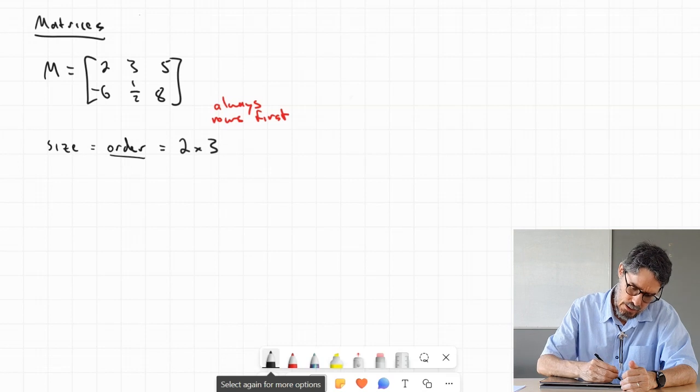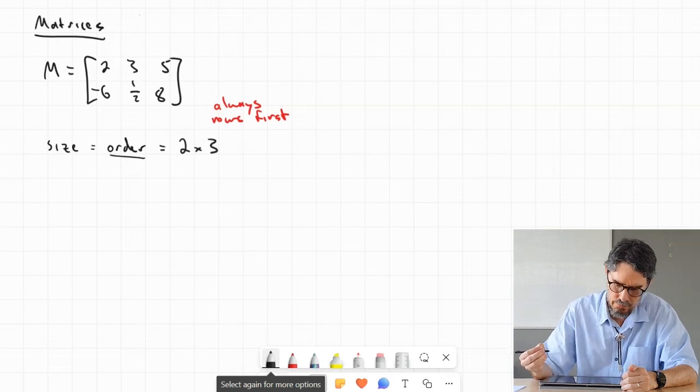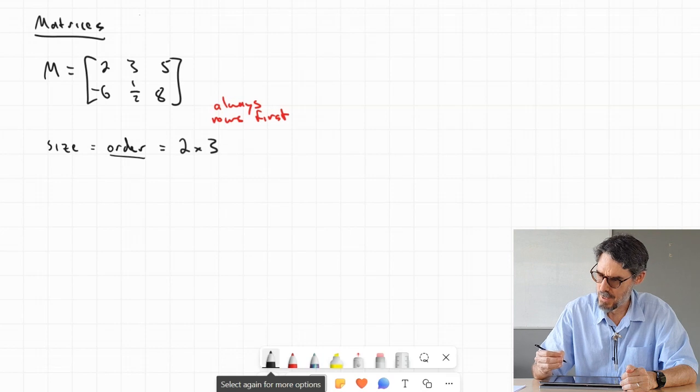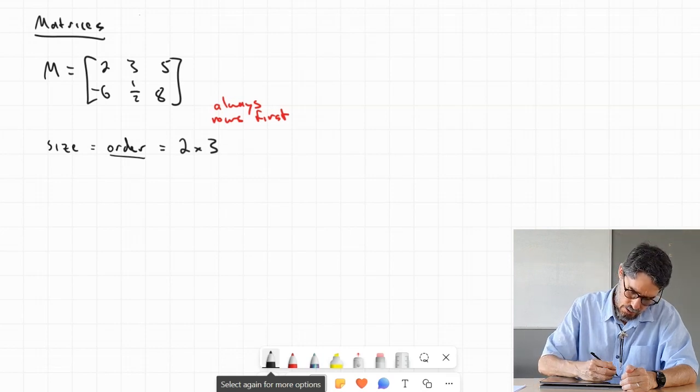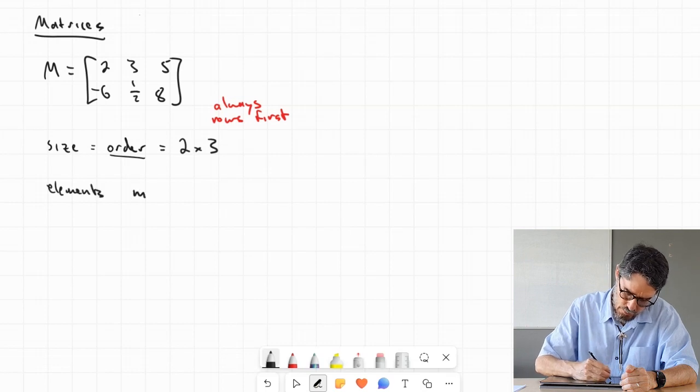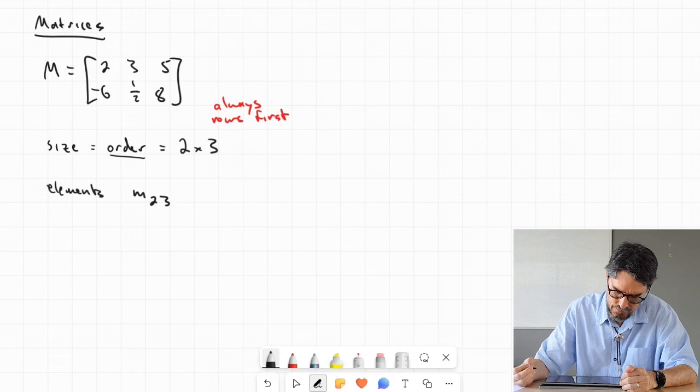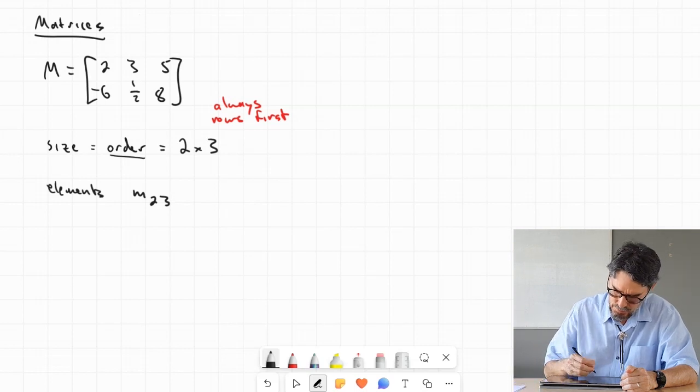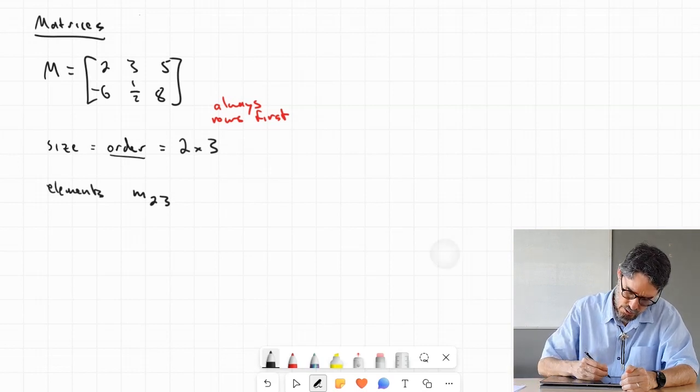Notice the matrix has a capital letter for its name. If I want to talk about a single element inside this matrix, I'm going to use a small letter. For example, individual elements, in this case, little m, 2, 3, means, remember, always row first, row 2, column 3.